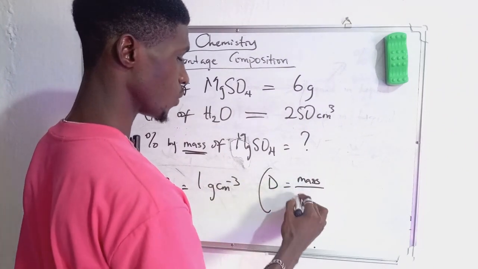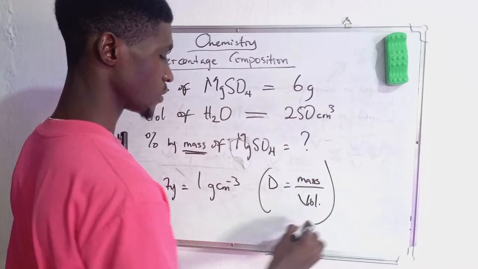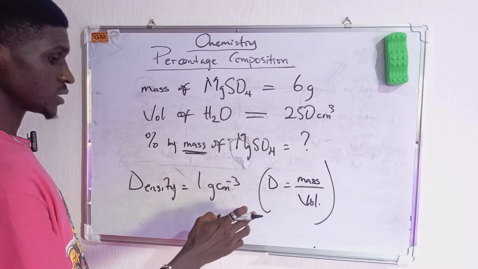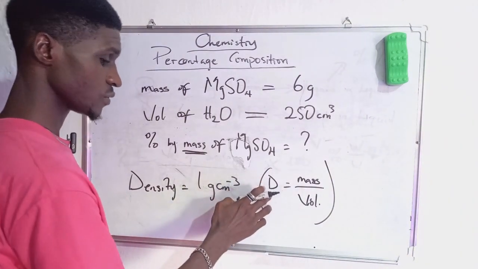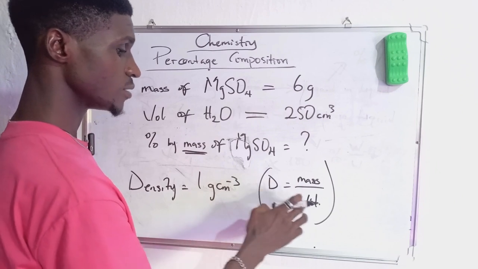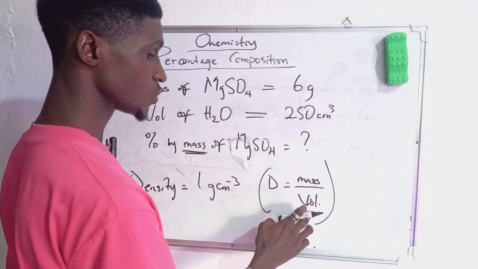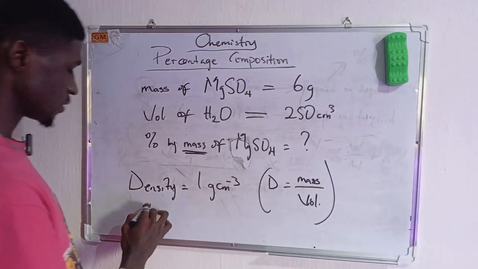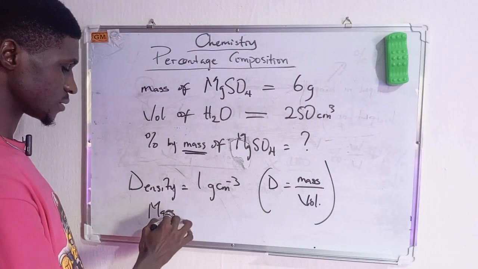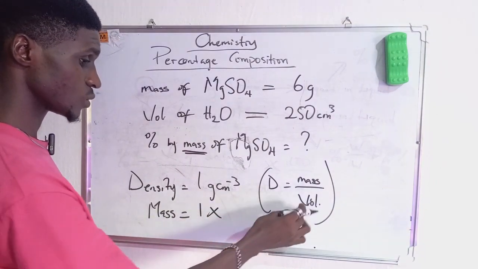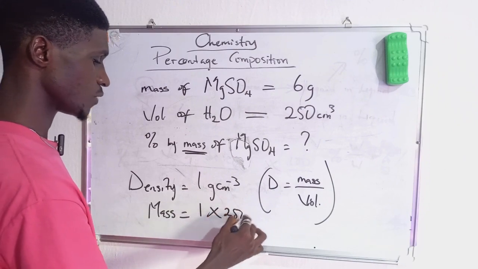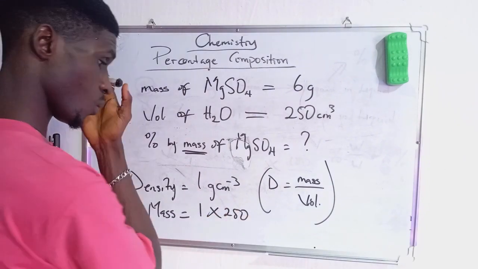Density is equal to mass over volume. What you are going to do is substitute density here and replace it with 1. Then, given volume as 250, you obtain mass to be equal to 1, the density, times 250 cm cube of water.